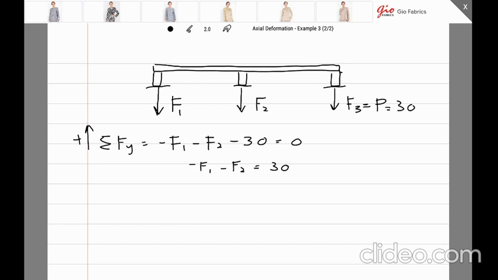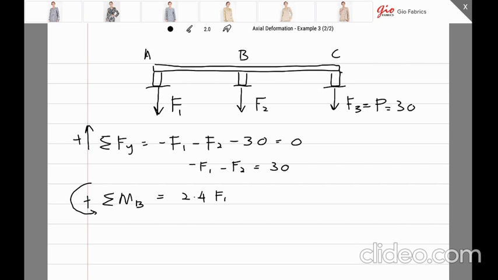Next is moment equilibrium at point B. We assume that counterclockwise is positive. The distance between point A and point B is 2.4 meters, so 2.4 times F1, and the distance from B to C is 1.8.